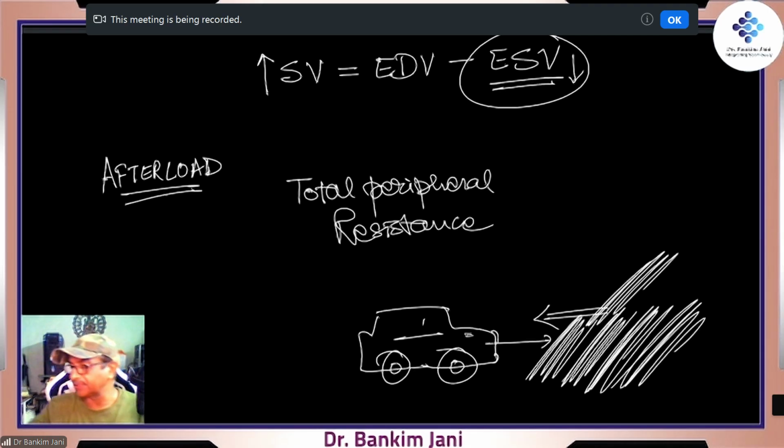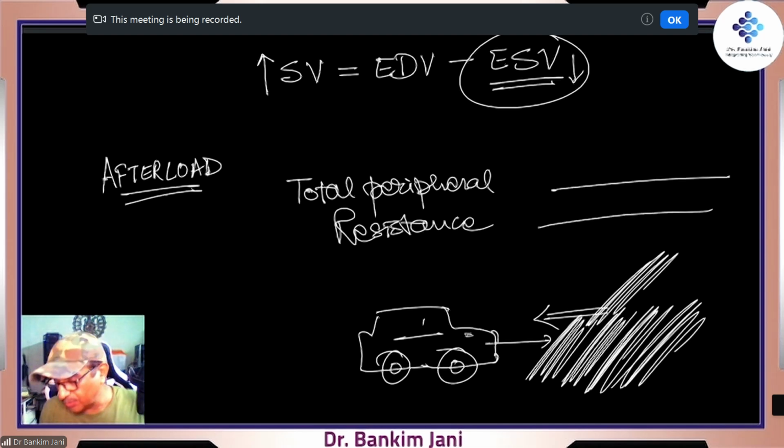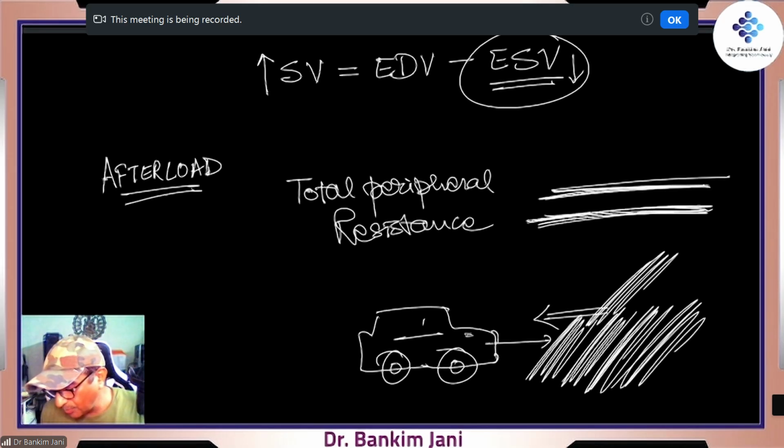Total peripheral resistance is what? When someone's arteries are clogged, this is the artery. If there is atherosclerosis, that means the inner lining is now coated, so there is decrease in the caliber. Decrease in the caliber means the road that was bigger has become smaller. If that road has become smaller, then the poor RBCs are tumbling into it, going with difficulty.